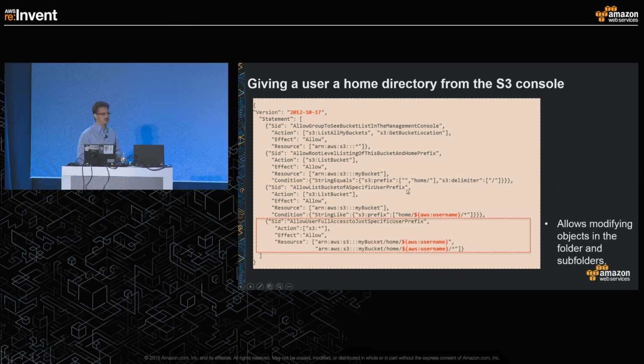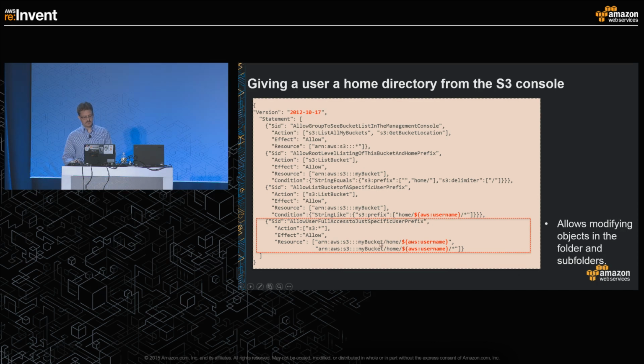Last but not least, I need to be able to call all the other S3 actions, right? Get object, put object, delete object. Those are interesting APIs because they don't take a target of a bucket, they take a target of the full resource ARN. That's why you have to break this up into multiple statements here.